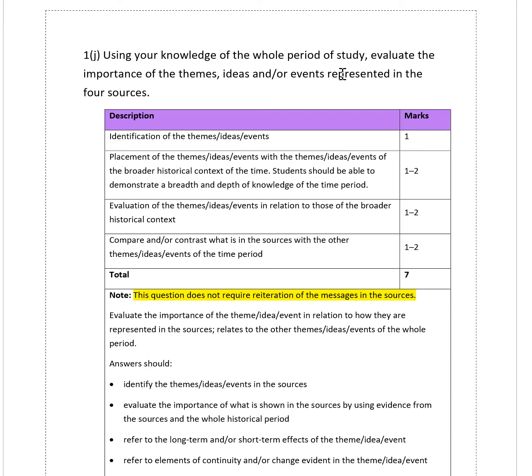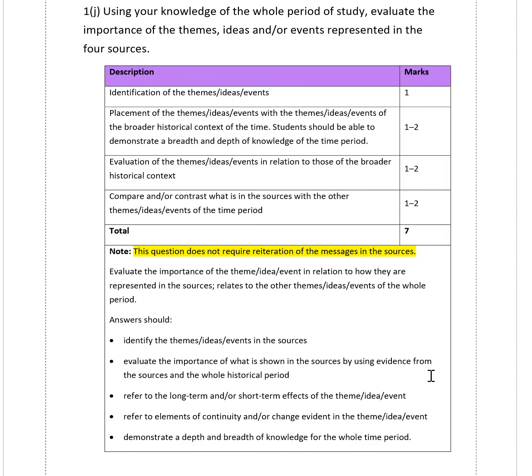So how important is the Munich Beer Hall Putsch in the development of the Nazi Party through to 1928? And you can talk about the impact of Hitler being imprisoned and his trial. You'd have to fit it into that. Now, those things might not be in your source set, but you've got to discuss what's in your sources with what's happening in the bigger picture. So that's really combining your source analysis and what you already know about the period.